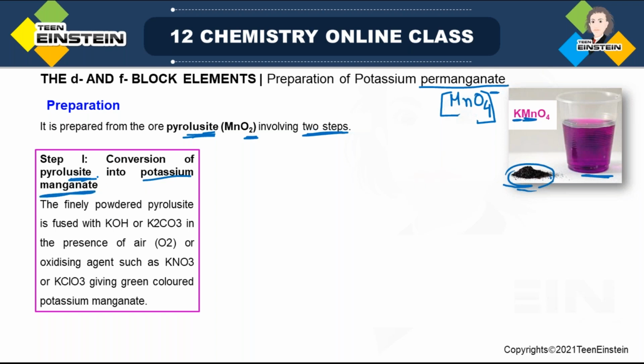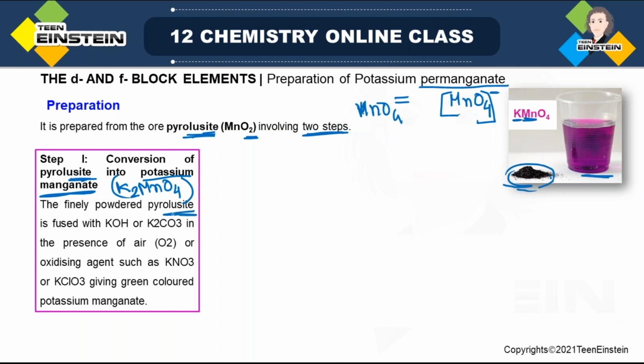Manganate, simply manganate, then the molecule is actually K2MnO4, a different formula. And if you remove 2 potassium ions, MnO4 2 minus will be the anion. So when it is permanganate, it is MnO4 with a single negative charge. When it is manganate, it is MnO4 with a double negative charge.